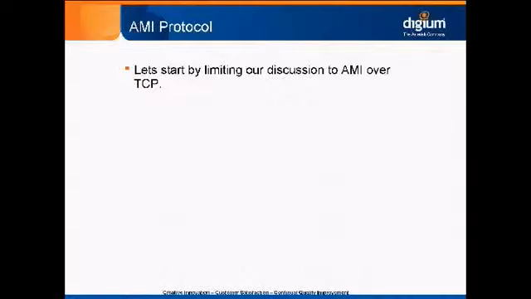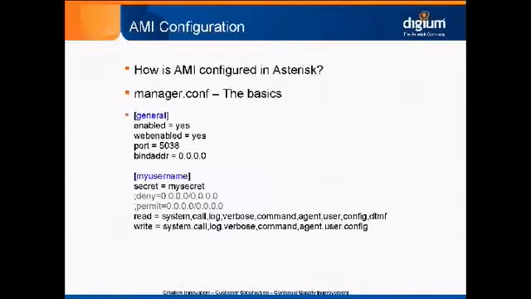So AMI is configured in manager.conf. This is a really basic configuration. You just have a general section. All you really need here, I believe, is enabled equals yes. We also have web enabled equals yes, just because we're going to use HTTP later. I specified the port. By default, the port's 5038 anyways, and I've also bound to all addresses.